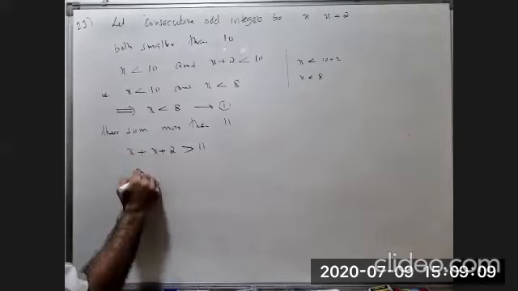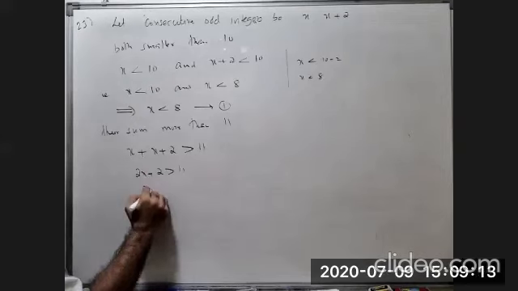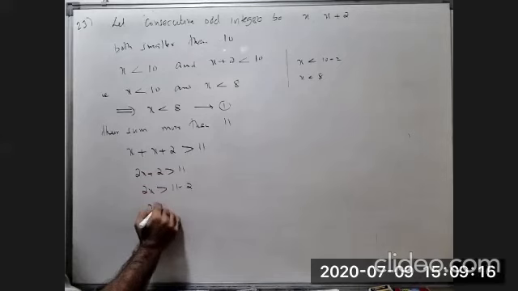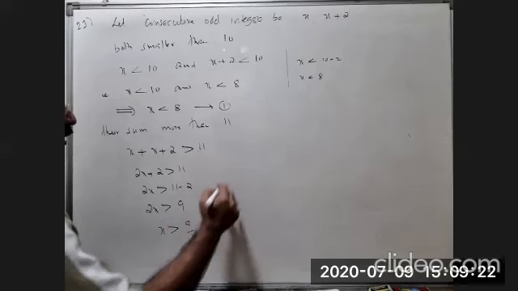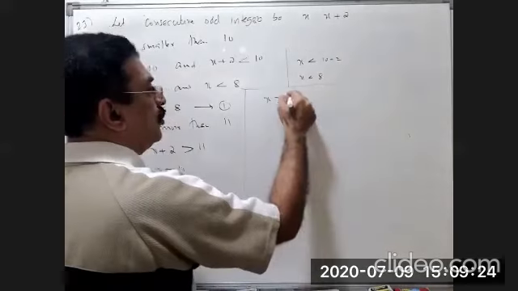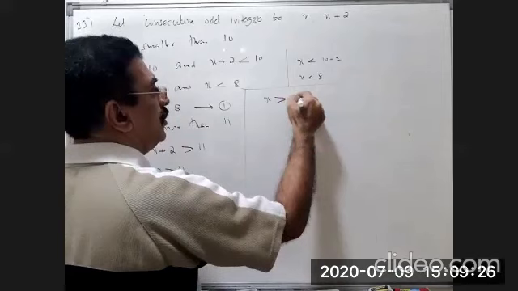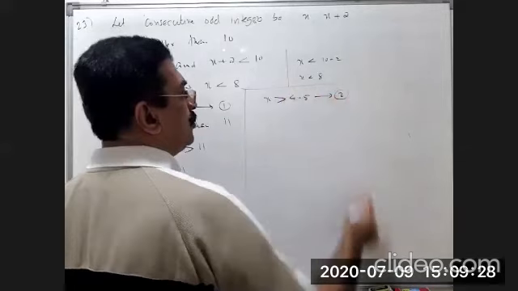This is 2x plus 2 more than 11, so 2x is more than 11 minus 2, which is 2x more than 9. Dividing by 2, x is more than 4.5. This is equation number 2: x is more than 4.5.